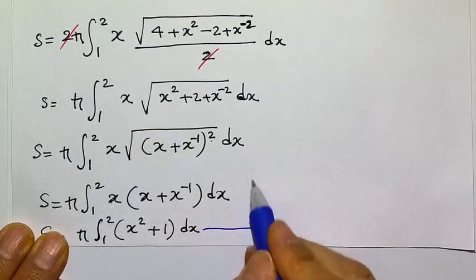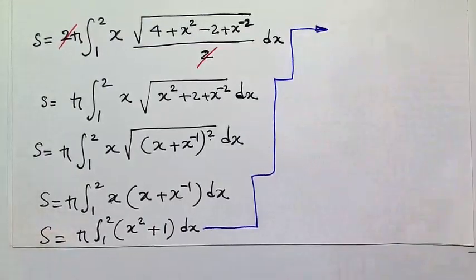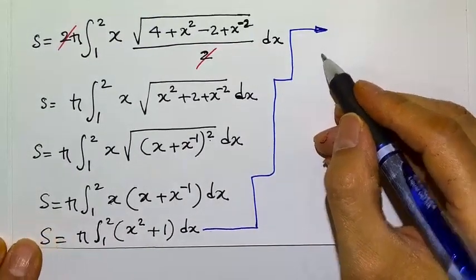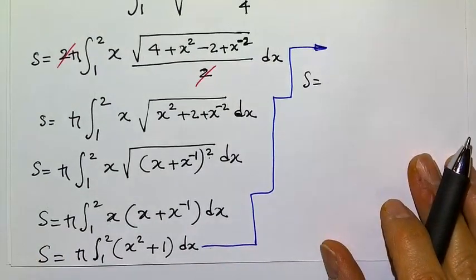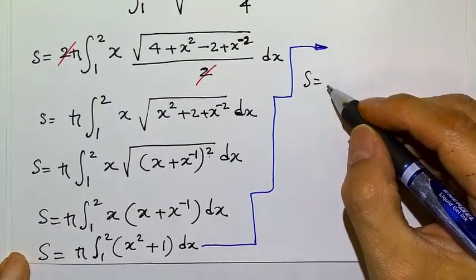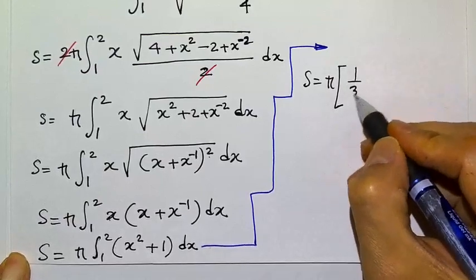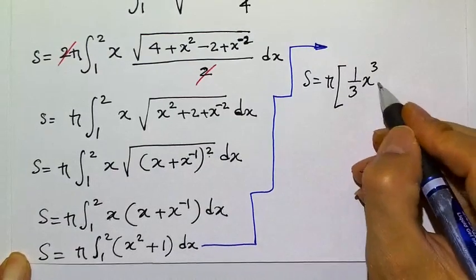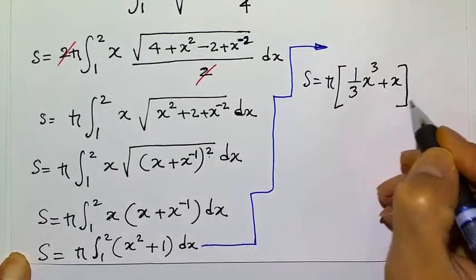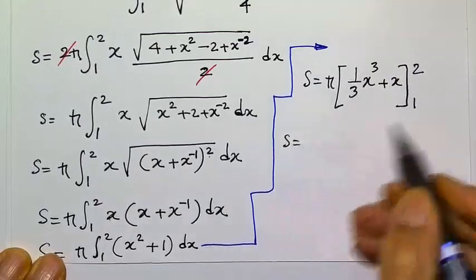And then if we come up here and continue, we can easily integrate this, right? We have pi times 1/3 x cubed plus x, and of course, this is from 1 to 2. Okay, all right, so let's plug in.